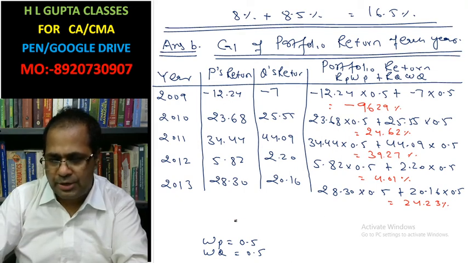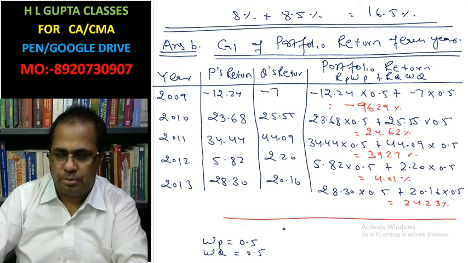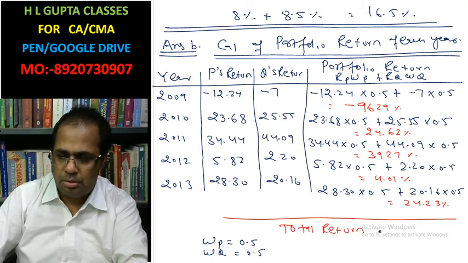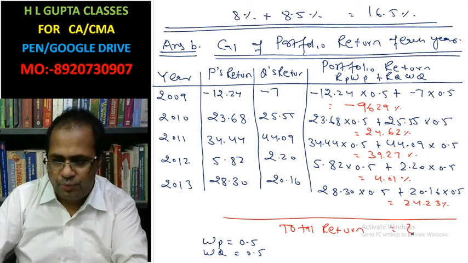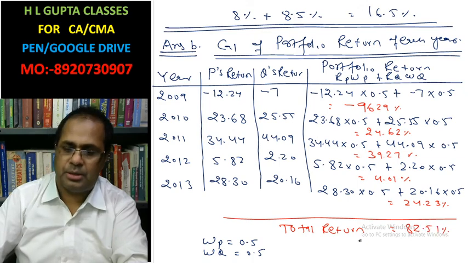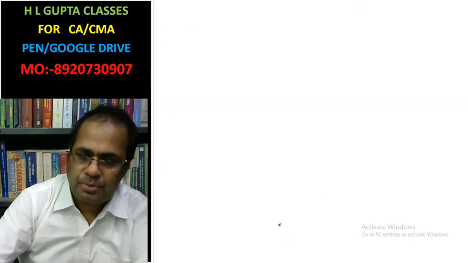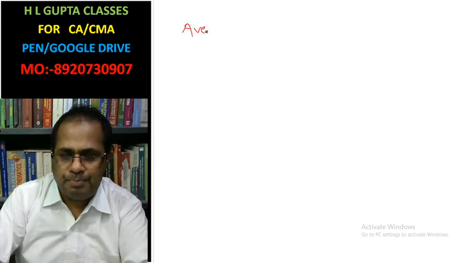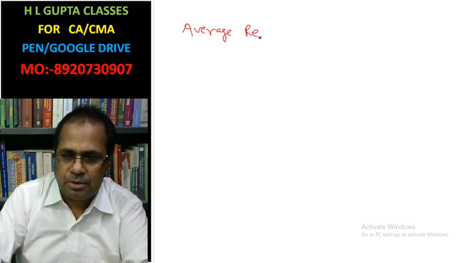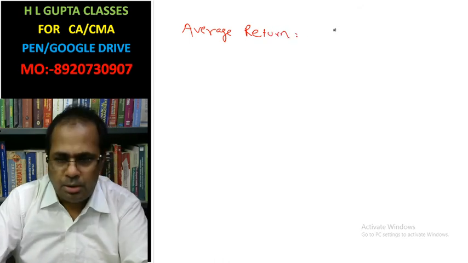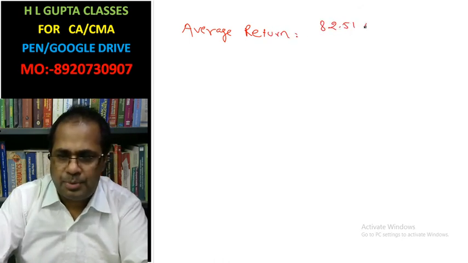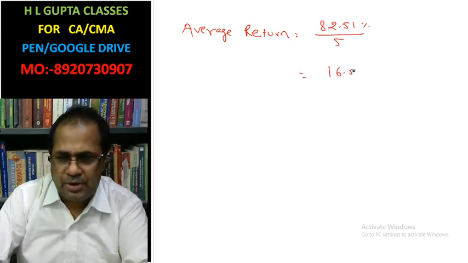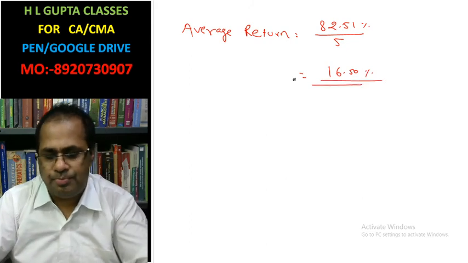Now, what will be the total return? In total you will get 82.51%. Thereafter you have to calculate the average return: 82.51% divided by 5. This is 16.50%. This is the average return.